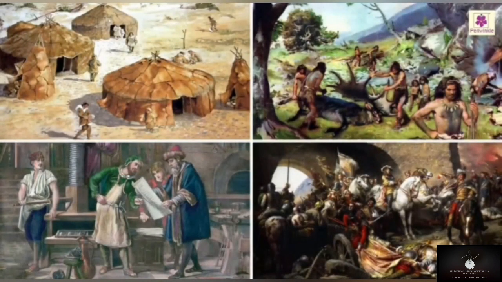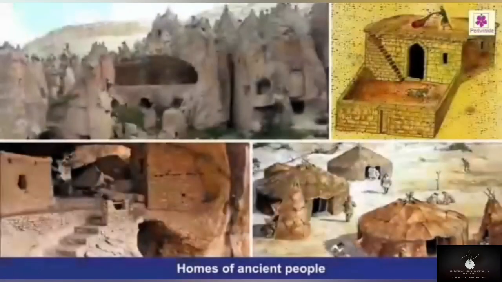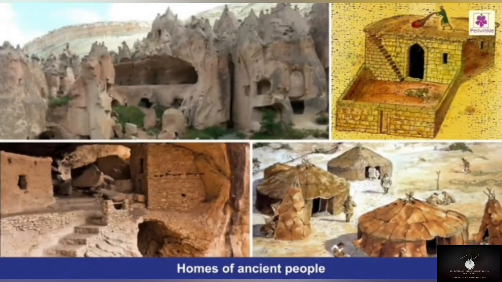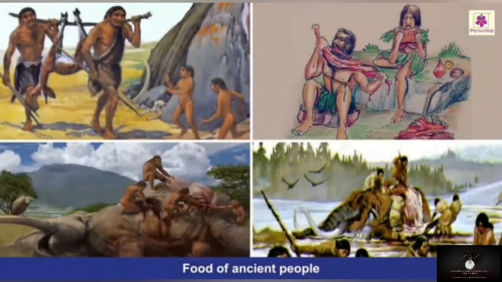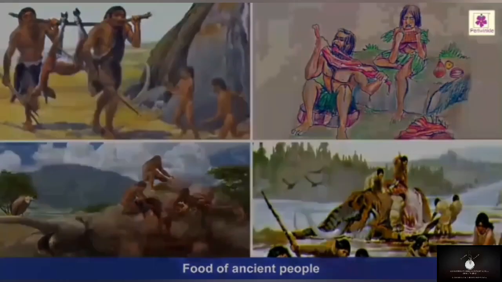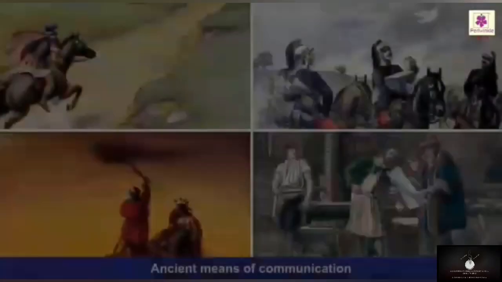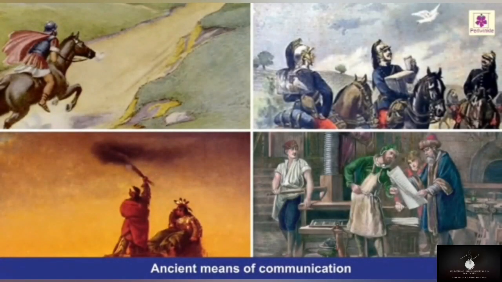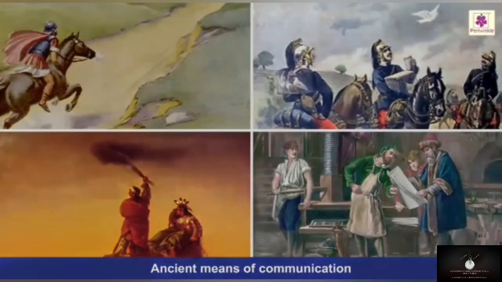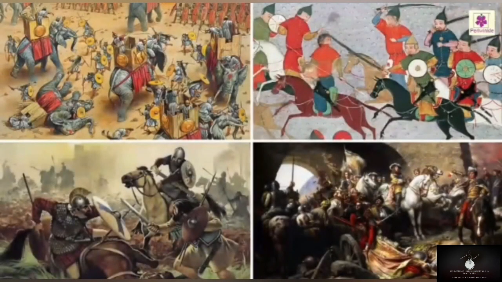There are lots of other things which tell us about the past, especially how people lived a long time also. What they ate, what they wore, how they communicated with each other, about the wars they fought and their loss and victories, etc.